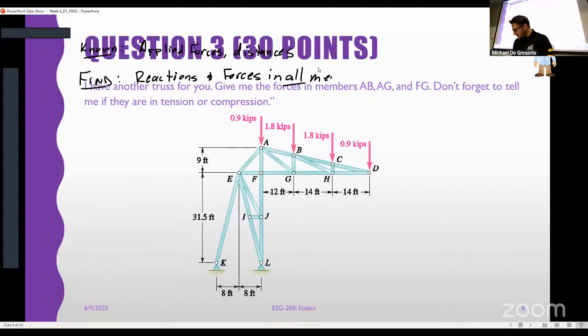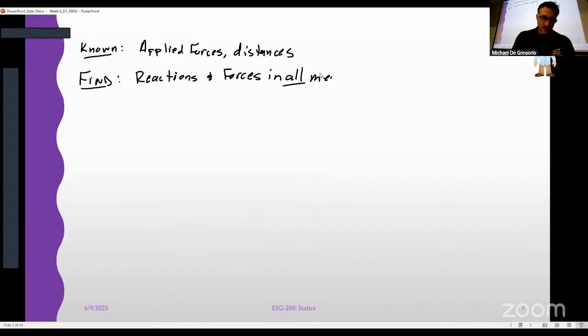Oh, we're done. In all members. Okay, great. So we're asked to find the reactions. First thing we need to do is draw a free body diagram for the entire thing.